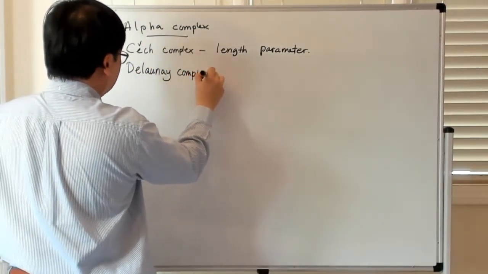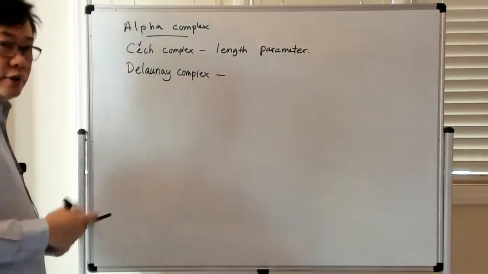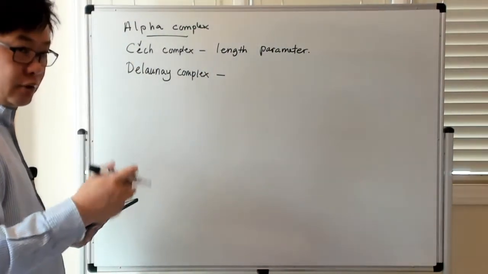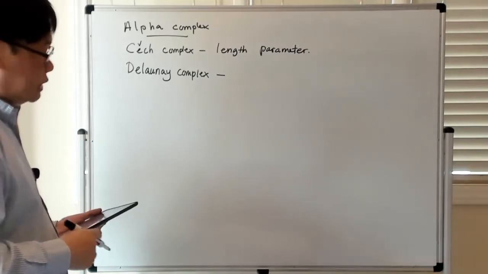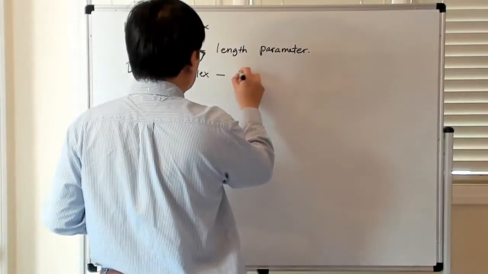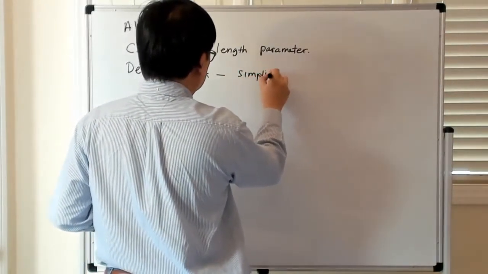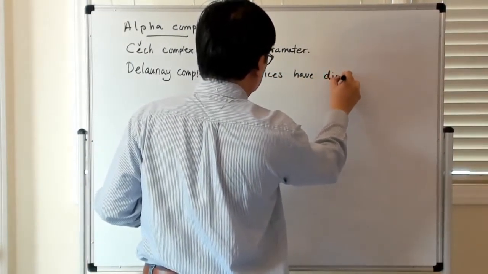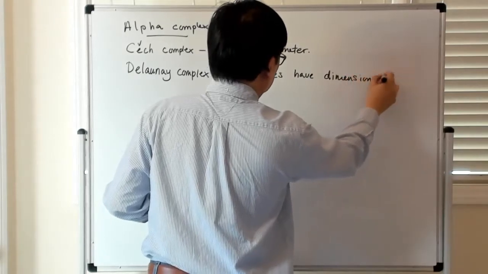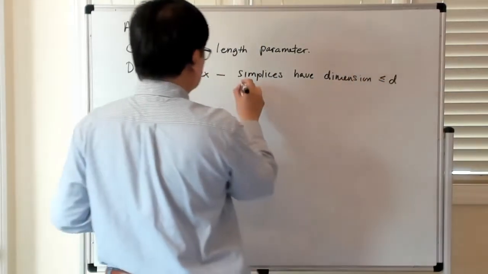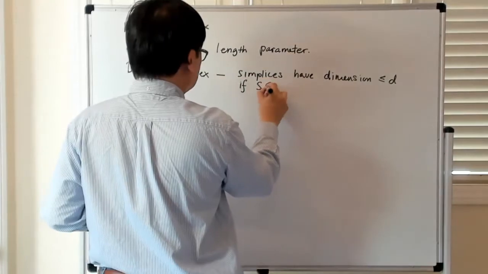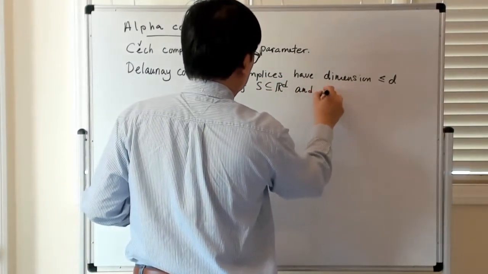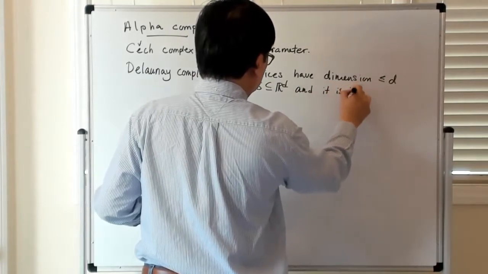The Delaunay complex has the property that if you have points in general position, there is an upper bound to how large the dimension of the simplices is. The simplices have dimension less than or equal to D if S is a subset of R^D and is in general position.